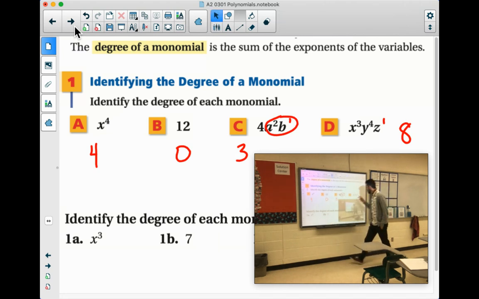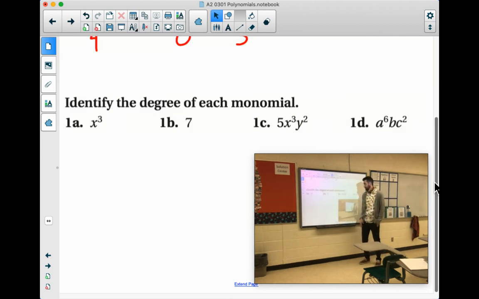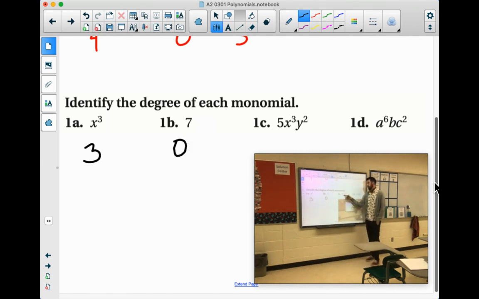So real quick, you don't even need to write these, but try them out in your head. x to the third, what's the degree on that? Yeah. Third degree. What do you think? 0. No variables there. Be careful. 5x to the third, y to the second.